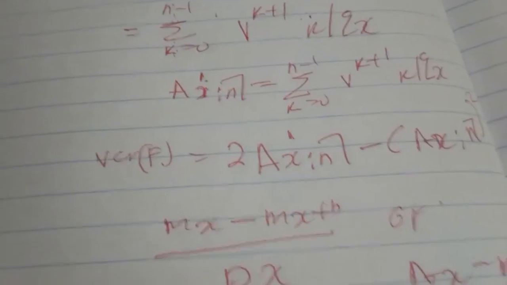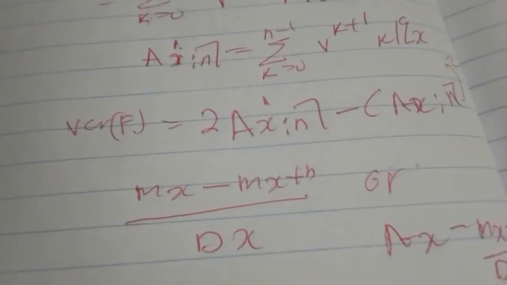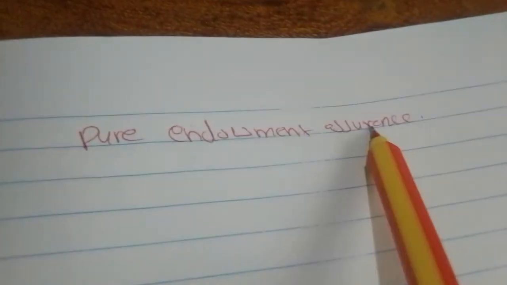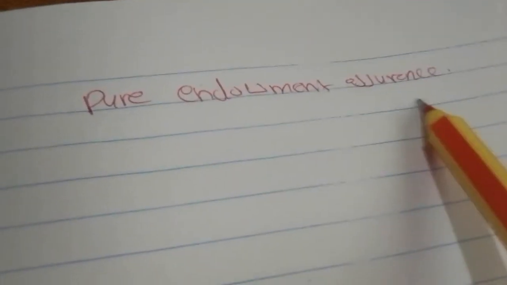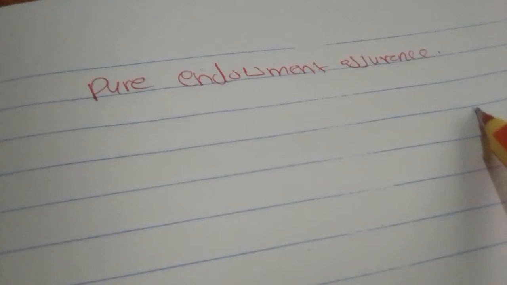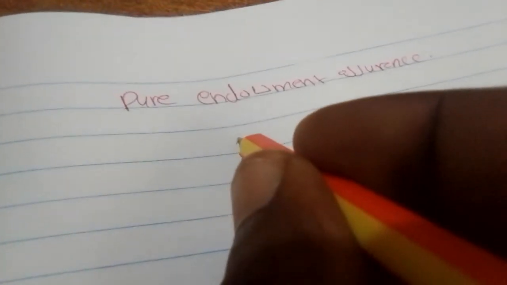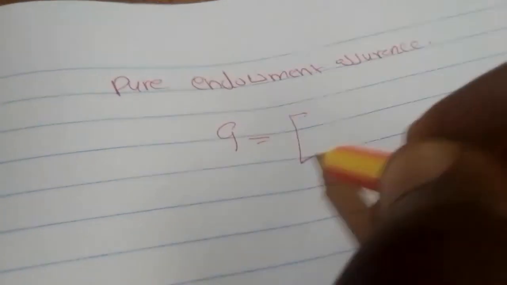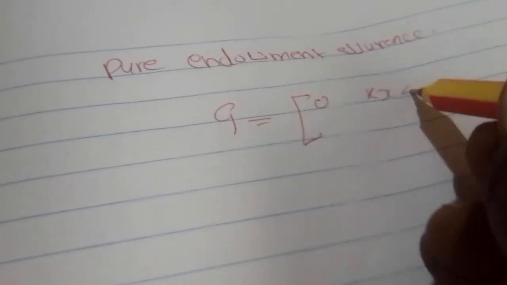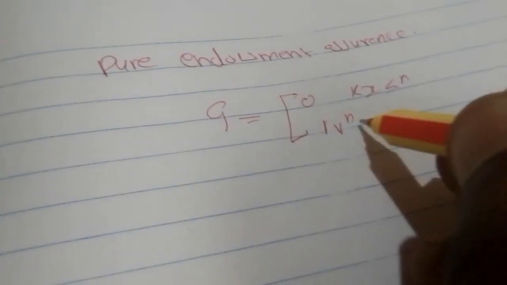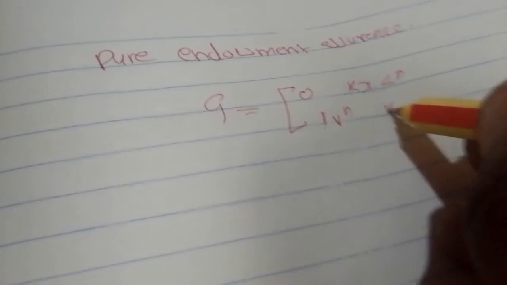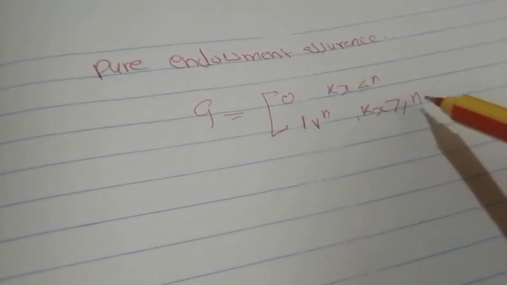So we can go to number 3, the pure endowment assurance. The pure endowment assurance is a contract that provides a sum assured at the end of the fixed term, provided that the policyholder is then alive. So we can see here G is equal to 0 when K is less than n, when he dies before reaching that time. For this one it will be v^n, the present value of the sum assured, when Kx is greater or equal to n, when he or she survives to n years.